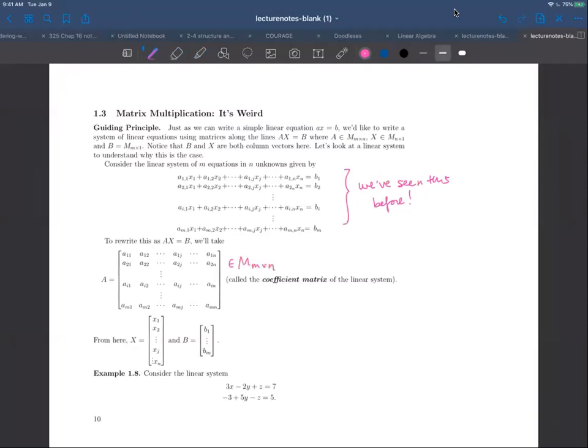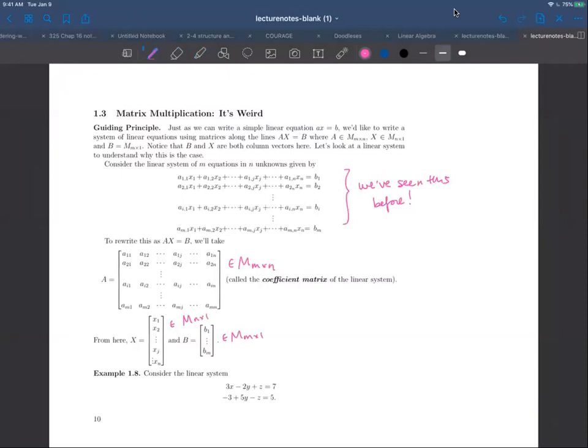We're going to take X to be the vector of variables. So this is in n by 1. I have n variables, so it's got n entries high. And B is going to be a column vector of height m because I have m entries in it.